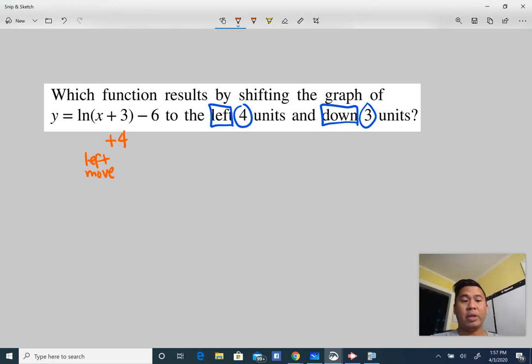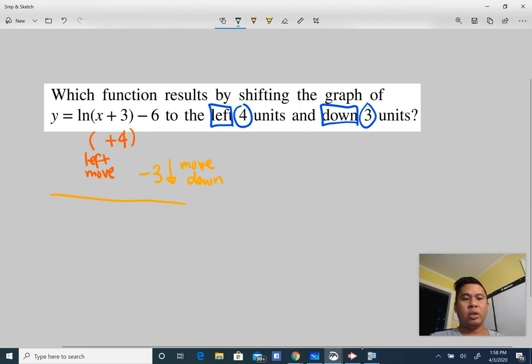Inside the parenthesis. However, a down 3 units means it should be a negative 3, right? If it's down 3 units. So in that particular case, the minus 3 should be outside the parenthesis.